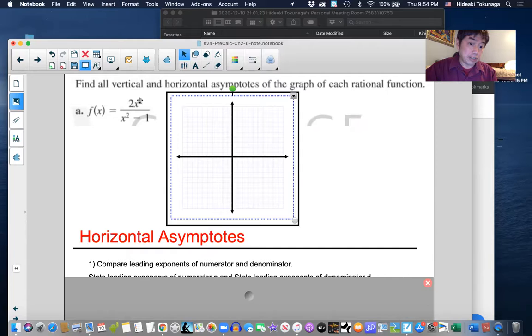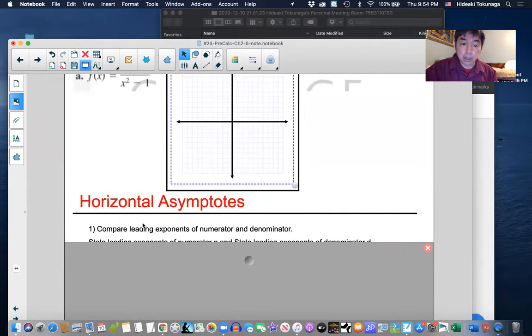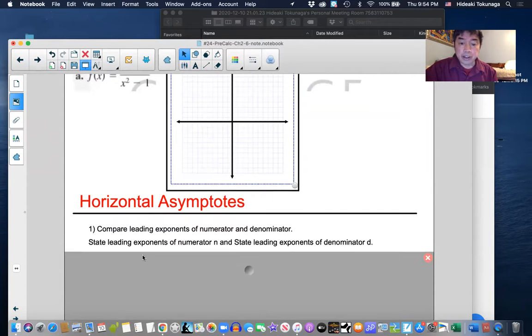Leading means the biggest exponent. In the numerator it is x to the second power, so it's 2. The denominator is also 2. So state the leading exponent of the numerator as n, and the leading exponent of the denominator as d.